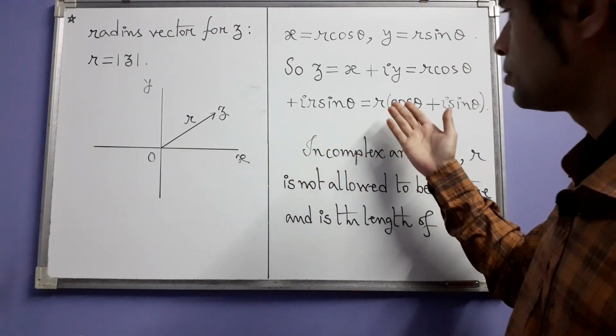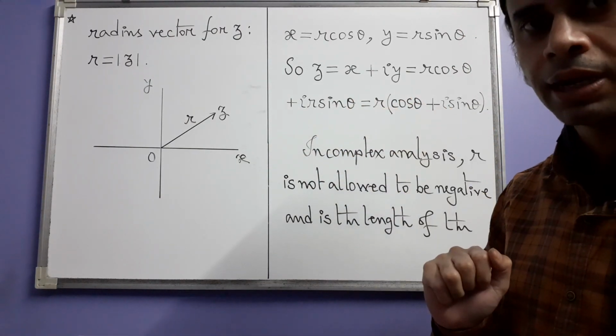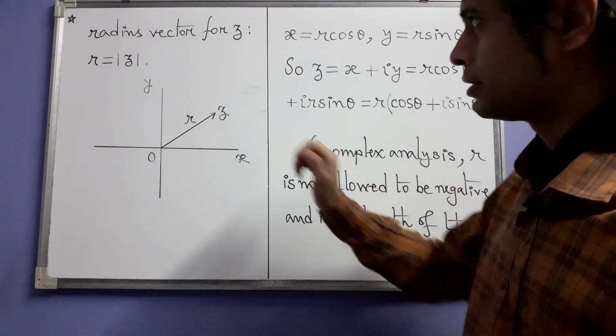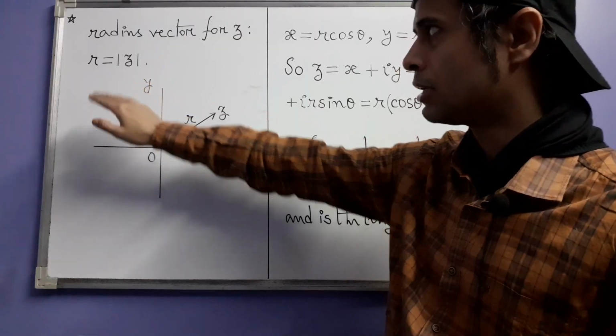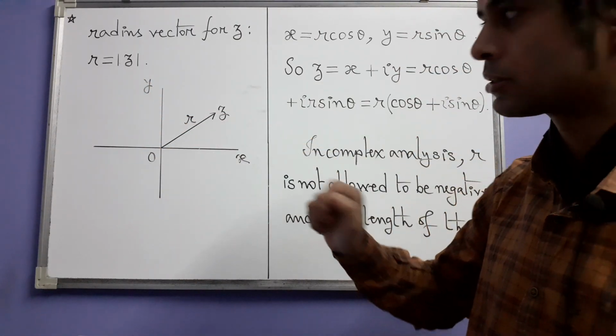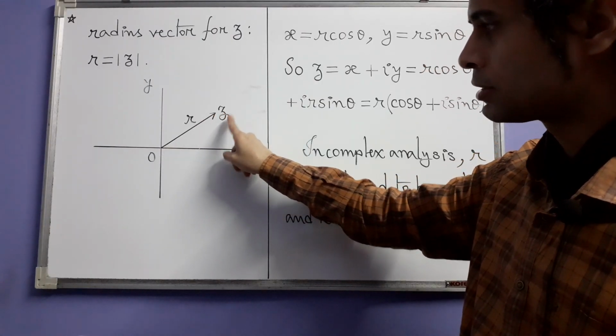That is, if you try to calculate the absolute value of z, that will be equal to r. So that's why we want r to be positive here, and that is why r equals the absolute value of z.